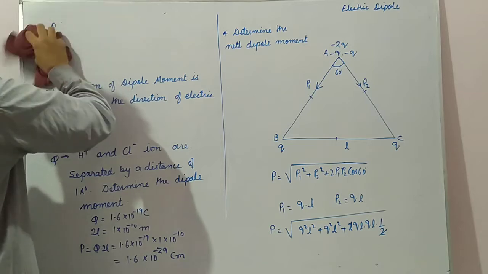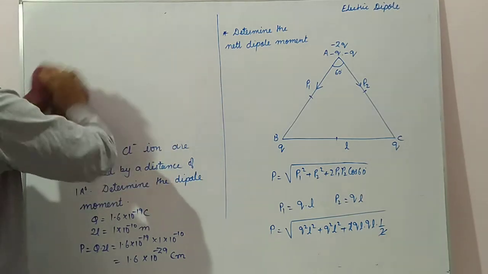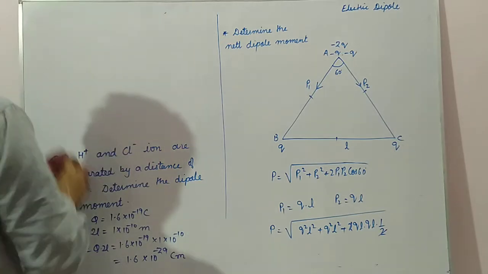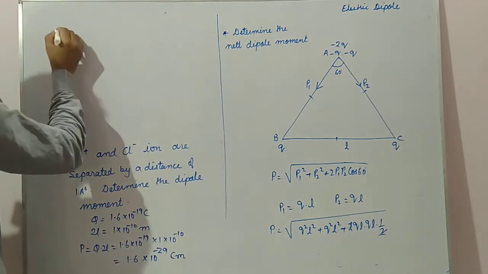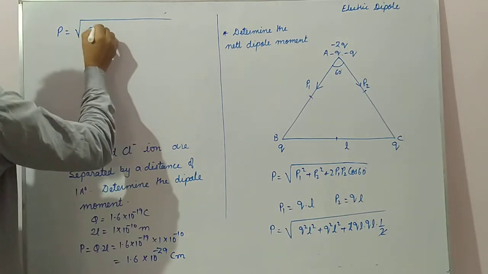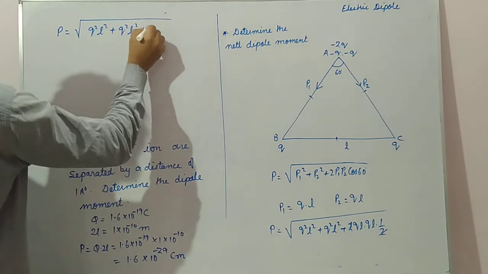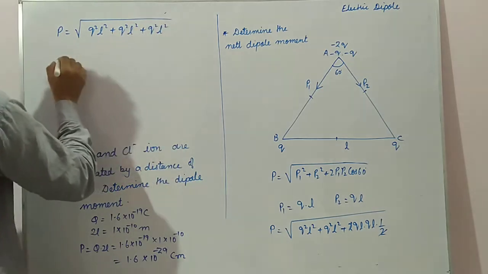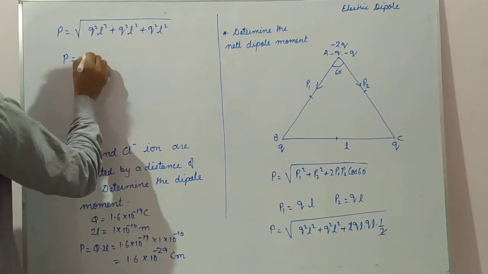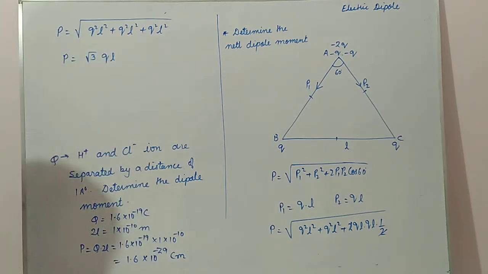So P equals root over q square L square plus q square L square plus q square L square, or P equals root 3 qL. So this is the resultant dipole moment.